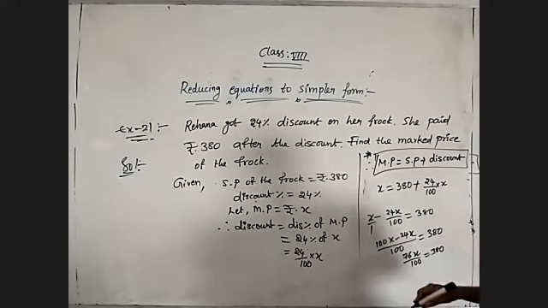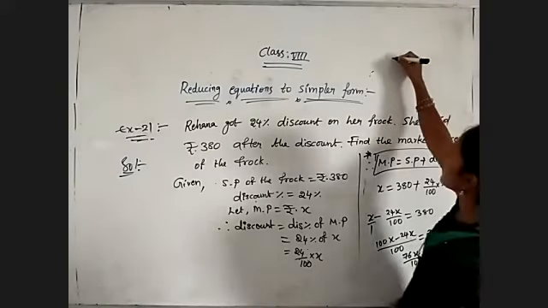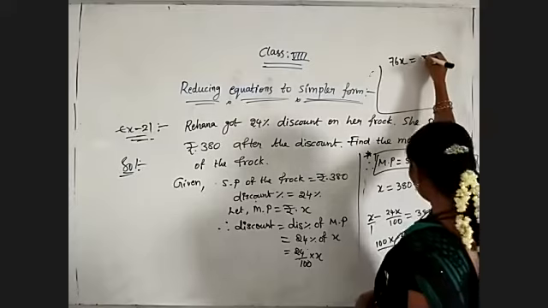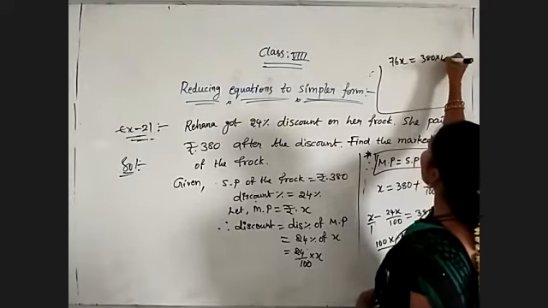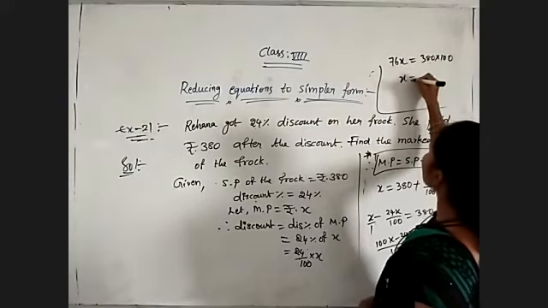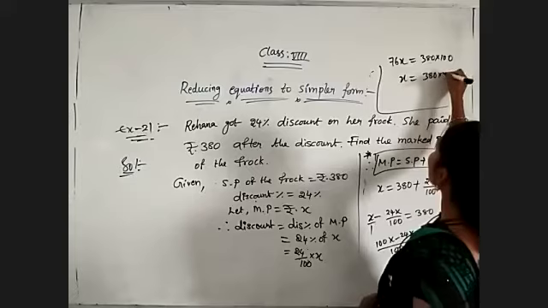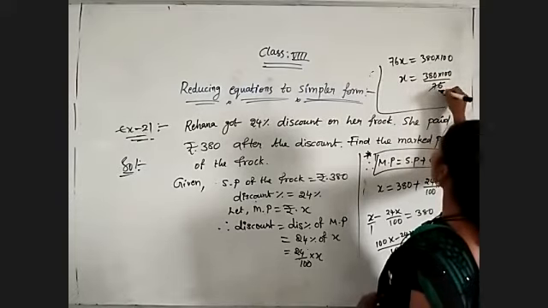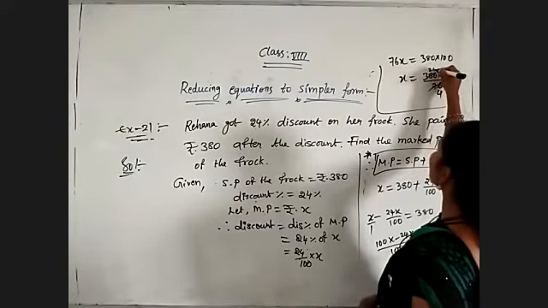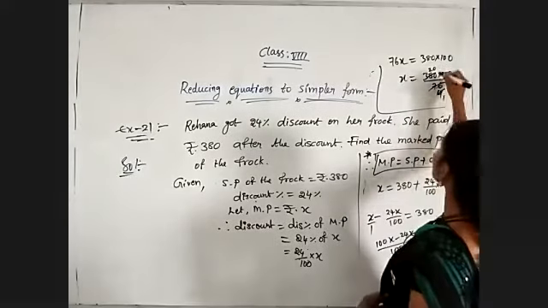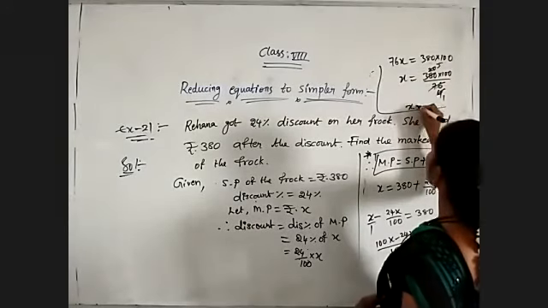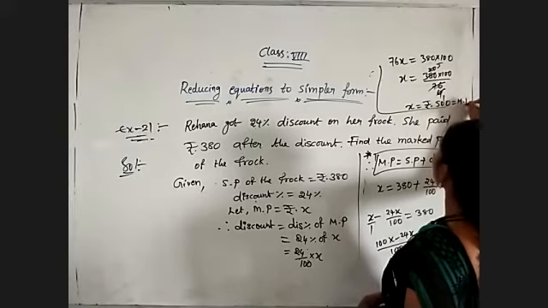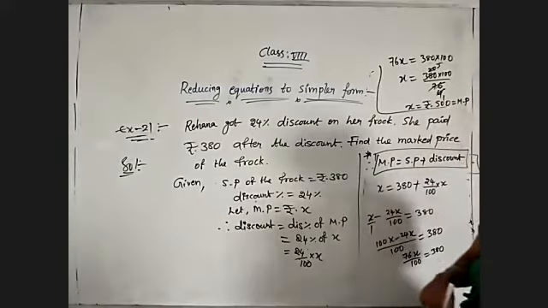Now, here I am writing 76x will be equal to 380 into 100. X will be equal to 380 into 100 by 76. 19 fours are 76, 19 fives are 95. X is equal to 500 rupees. So that X is nothing but the market price of the frock.